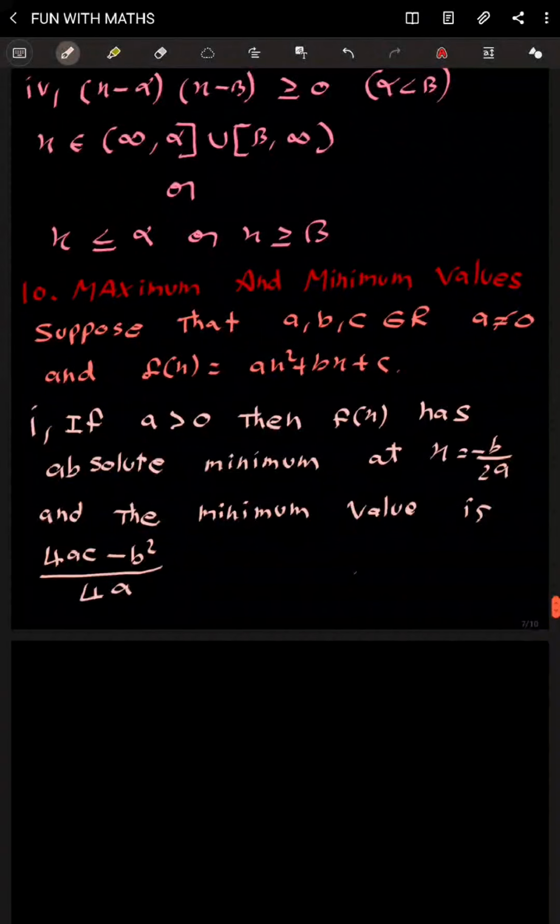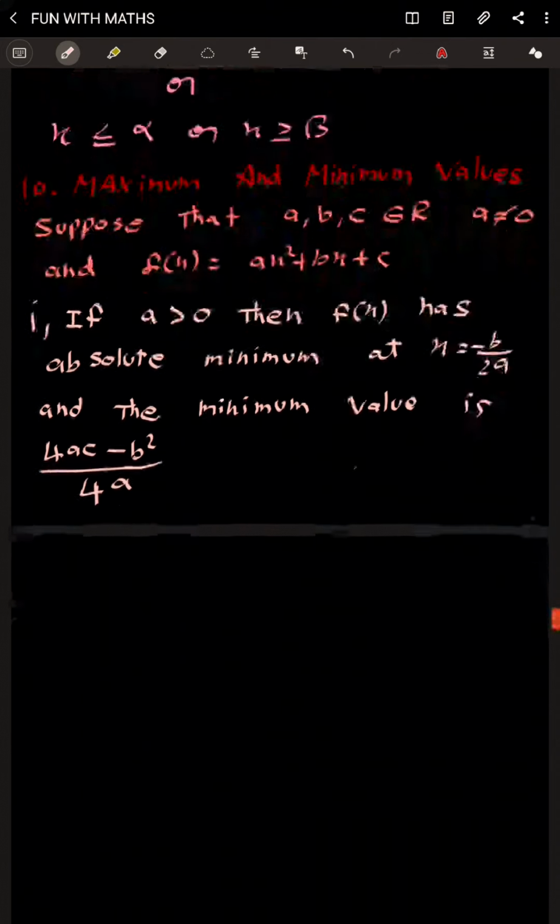So if a is greater than 0, then f of x has absolute minimum at x is equal to minus b by 2a, and the minimum value is 4ac minus b square by 4a.